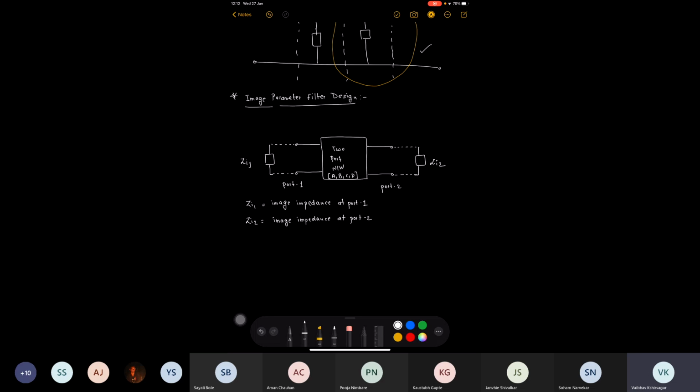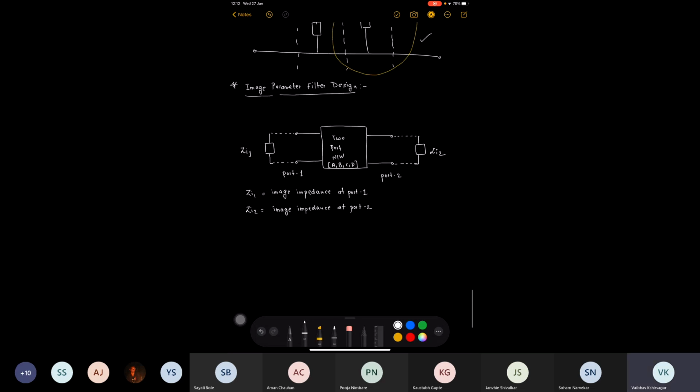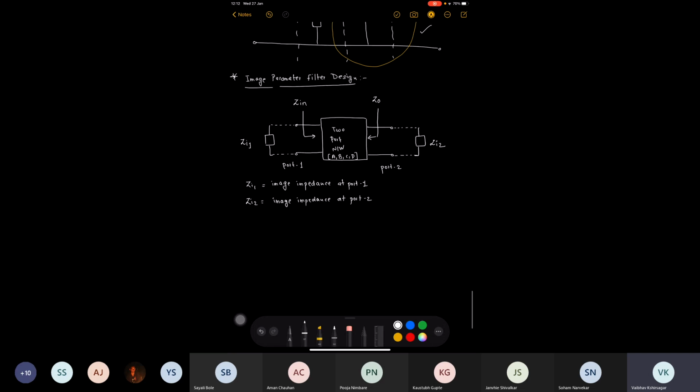And at the input and output of this two-port network, we are connecting image impedances ZI1 and ZI2. Now let us say Zin is the impedance obtained by looking at the input of the two-port network, and Zo is the output impedance looking from the output side, from port 2.